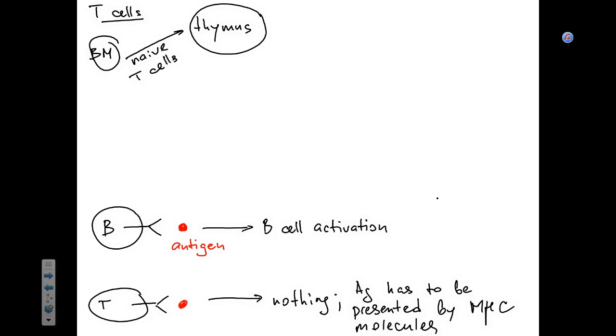When in thymus, the first act of selection is the first question that is asked. Can they recognize MHC? Does that make sense? So can they be presented with antigen? Will they recognize MHC molecules? There are two answers, as usual. Answer is no. And what's the consequence of the no answer? Apoptosis, cells die.